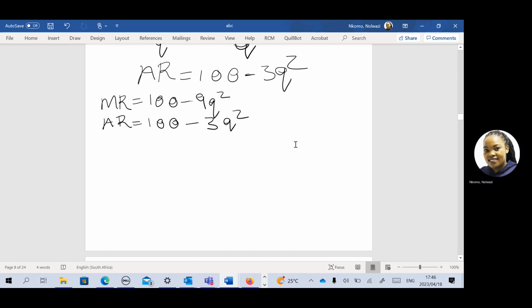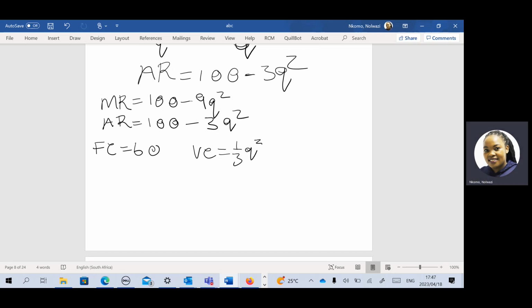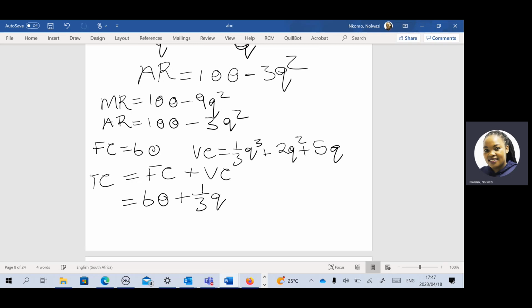We said we have the fixed cost as 60, and we have the variable cost as 1/3 Q cubed plus 2Q squared plus 5Q. And we know that the total cost is equal to fixed cost plus variable cost. So fixed cost is 60 plus the variable cost, 1/3 Q cubed plus 2Q squared plus 5Q, right?